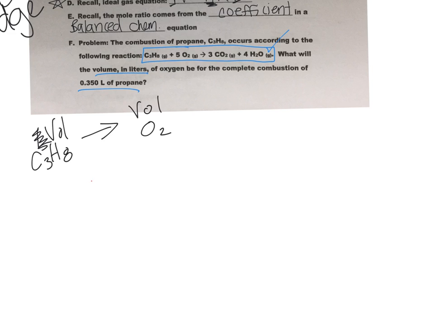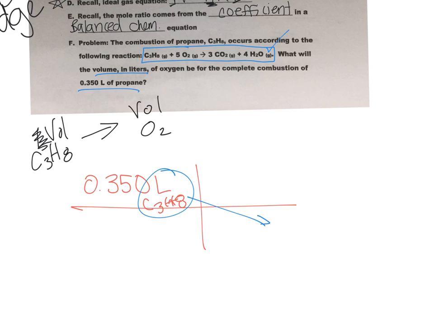We've got 0.350 liters of our little propane guy. I'm still going to bring my words down and to the right. Okay. And I want to convert into liters of oxygen.